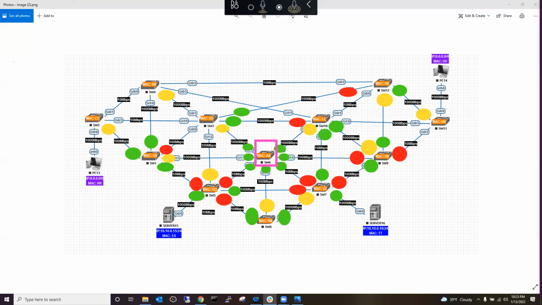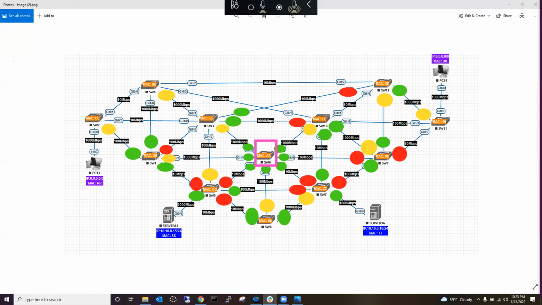The fastest route is what that one's referring to too. But don't they have the same cost towards switch 9? They both have the same cost, but which one is closer to the root bridge? The criteria.